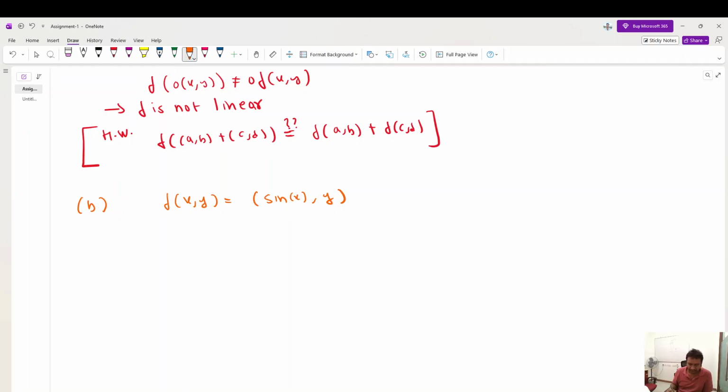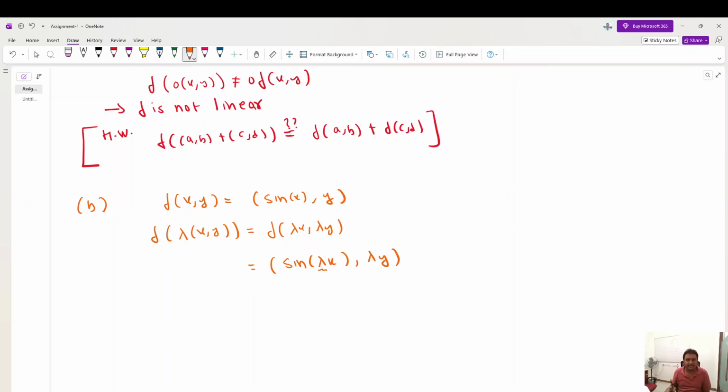Scalar multiplication is a bit easier to check, then the addition, so always begin with this kind of thing. f(lambda x, lambda y) is (sin(lambda x), lambda y).